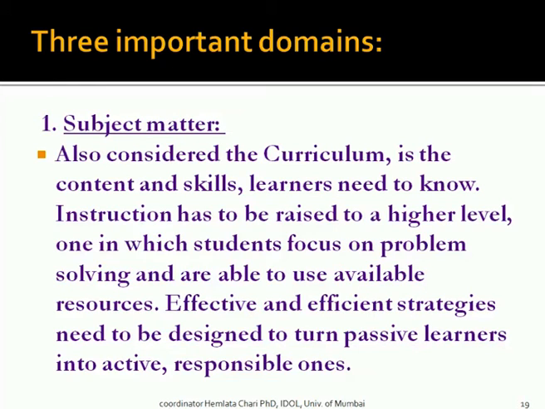Now, three important domains are also considered. The curriculum is the content and skills learners need to know. Instruction has to be raised to a higher level. Effective strategies have to be designed so that it can make classroom teaching learning very interesting.